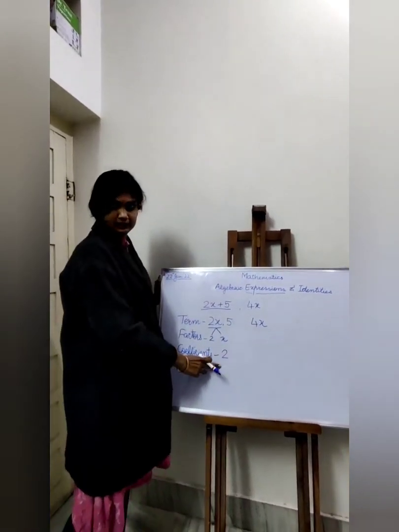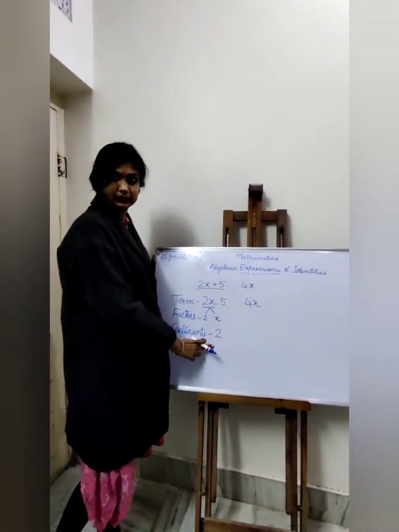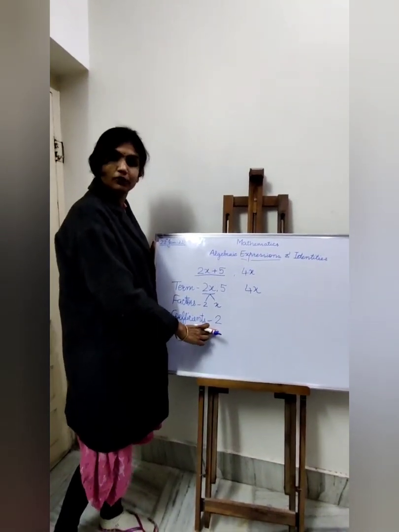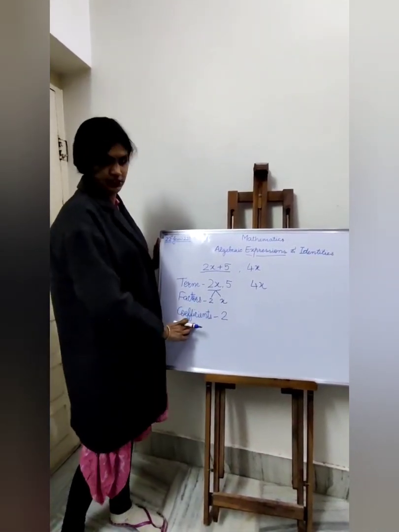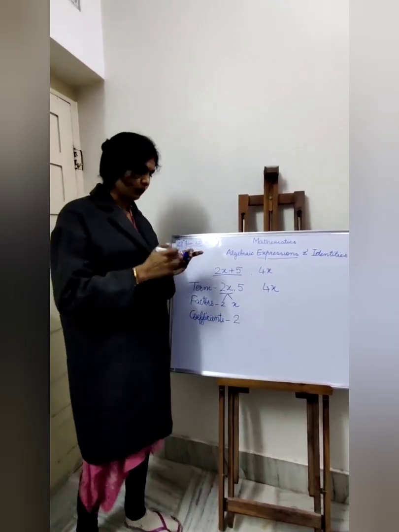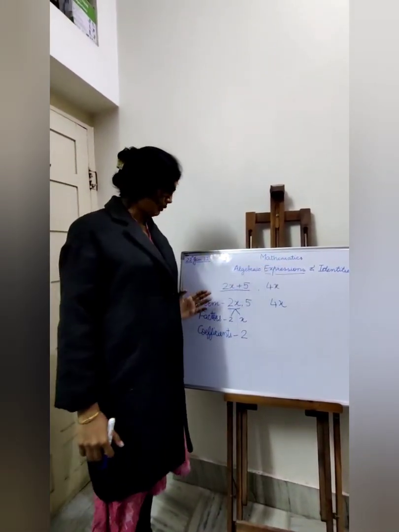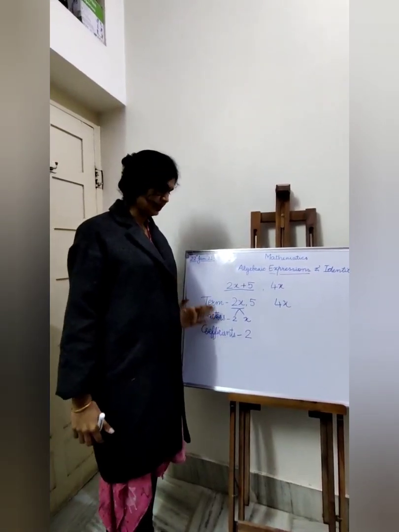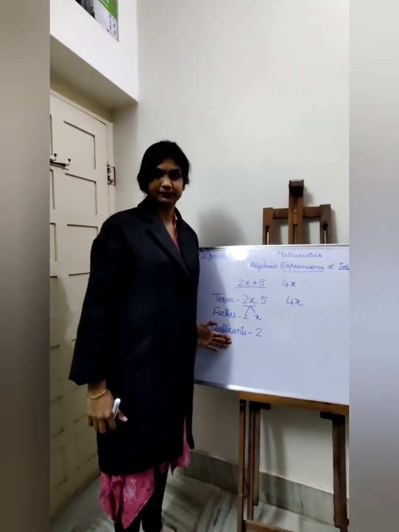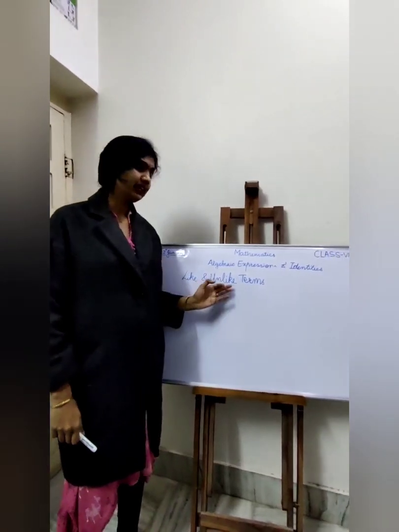The numerical factor of a term is called a coefficient. So till now we have learned what we mean by expressions, terms, factors and coefficients. Next we have like and unlike terms.